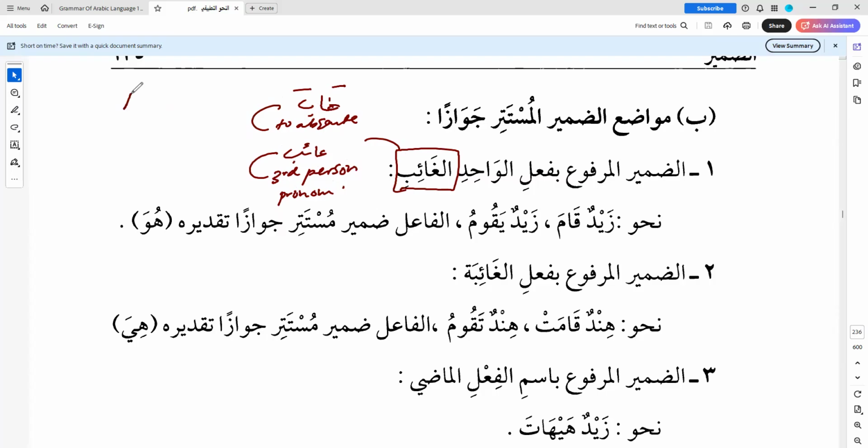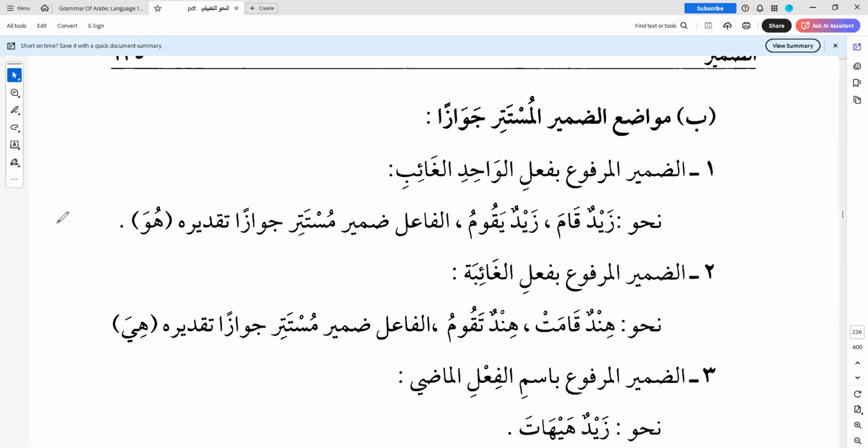In English, third person is he, she, it, and then we have they as plural. So this ضمير must be مرفوع, ضمير الرفع, and it must be for فعل الواحد, for one verb, and it must be غائب.